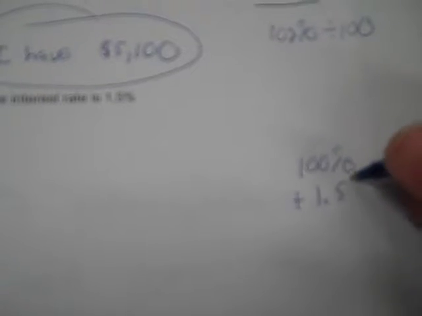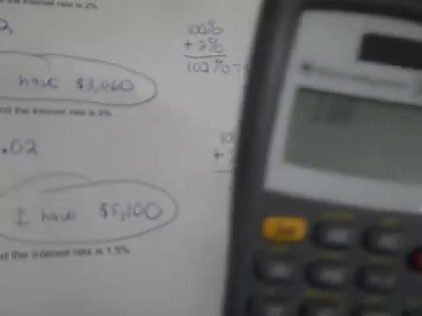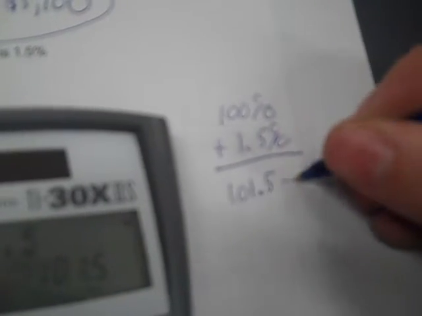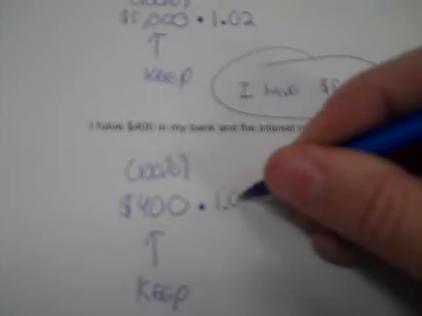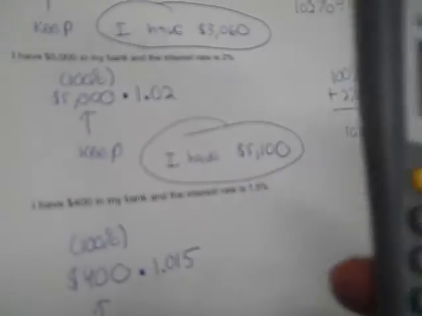1.5%. With the decimal, it's no different. 100 plus 1.5 is 101.5. But we still need to divide by 100. So 101.5 divided by 100 is 1.015. Okay, so 400 times 1.015 is $406.